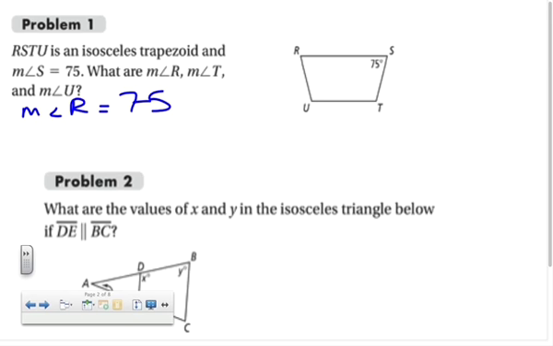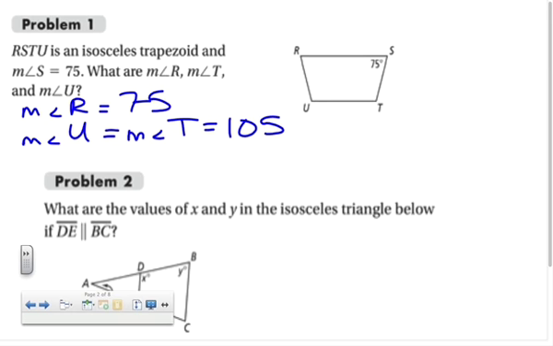Yes, sir. Angle U is 105? Yes. Measure of angle U and the measure of angle T. Yes. They will both equal 105. There is your turn for problem 1. I will give you a moment to go through that within your group. I want to finish out this screen first, though.